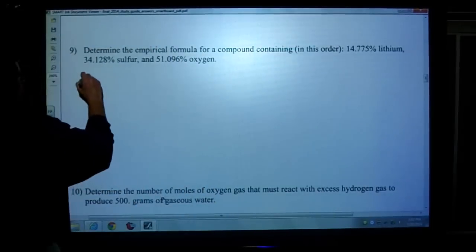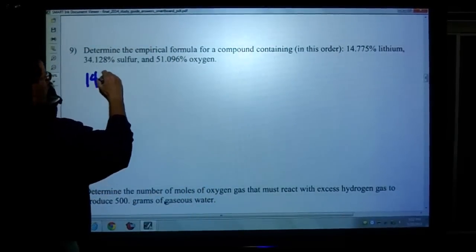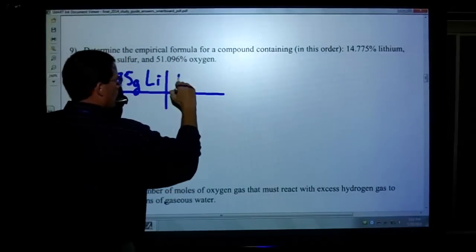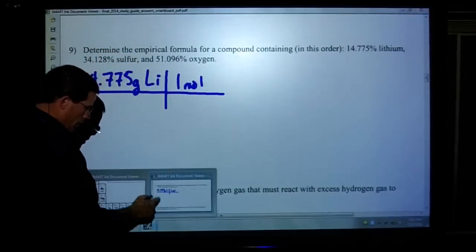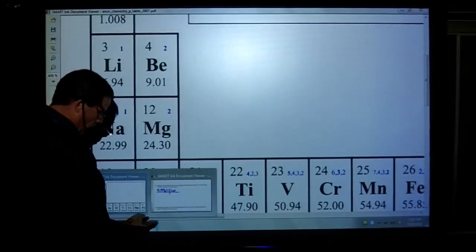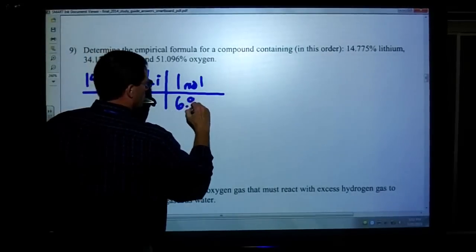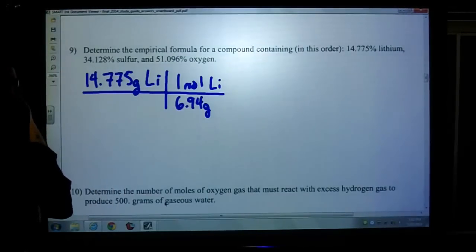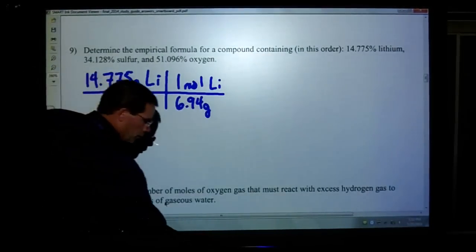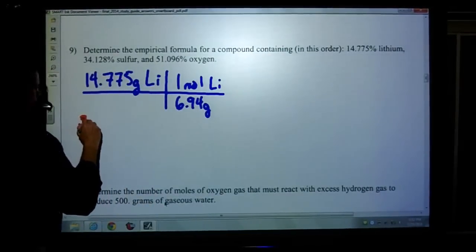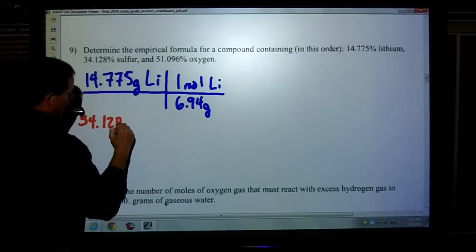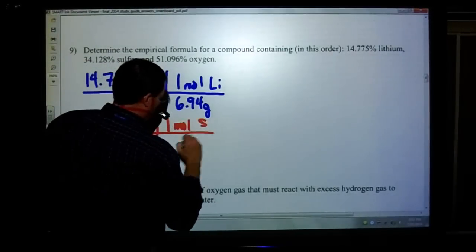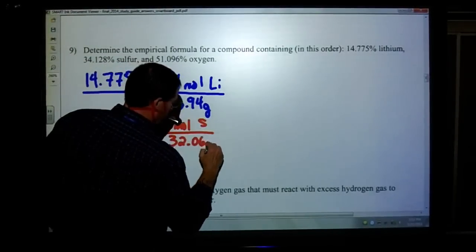So let's do that. We have 14.775 grams of lithium, and 1 mole of that is equal to 6.94 grams. We'll come back and get that. Then we'll look at 34.128 grams of sulfur, and 1 mole of sulfur has a molar mass of 32.06 grams.